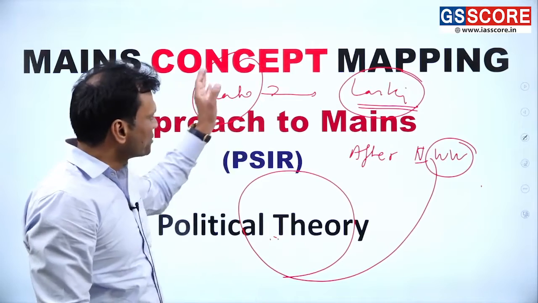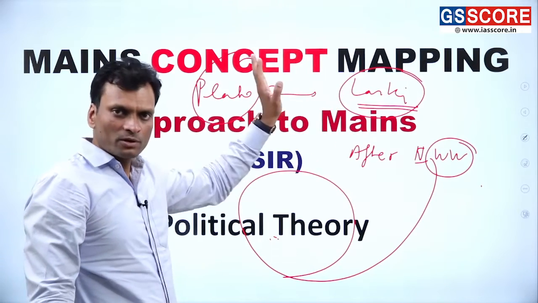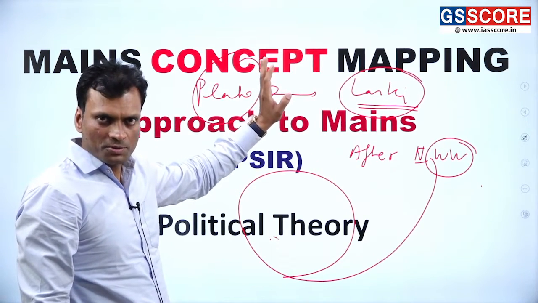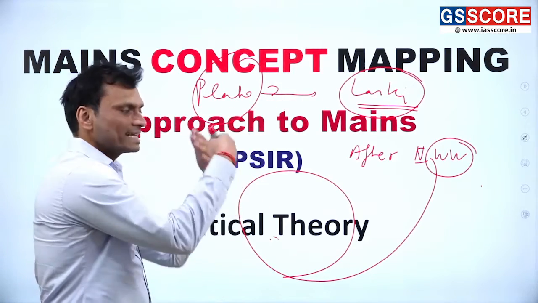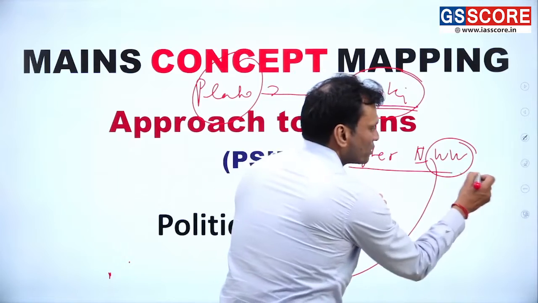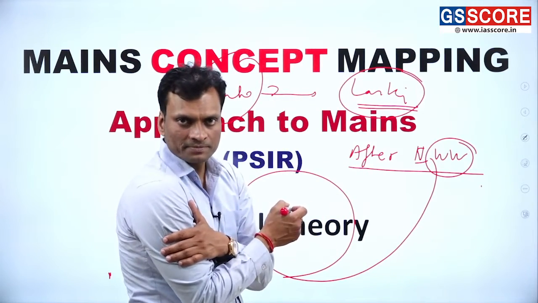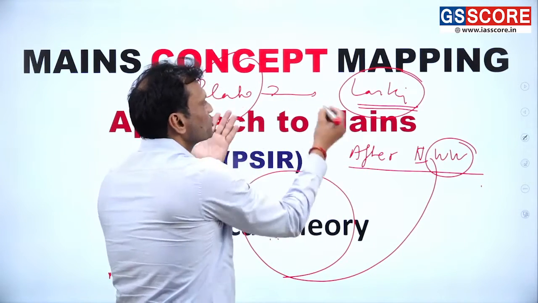So from Plato to Laski, pre-World War II, all the scholars which we have in our syllabus, all of them were criticized by post-World War II scholars for being too subjective.